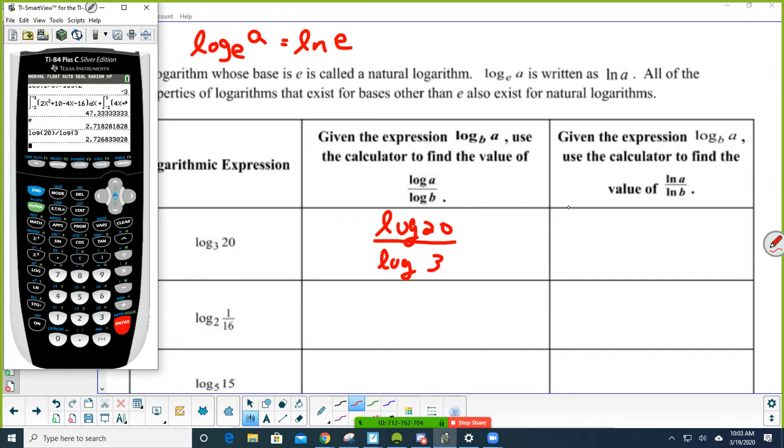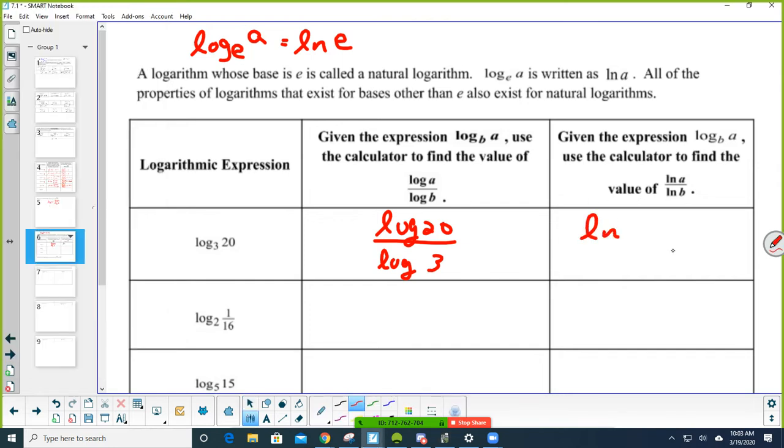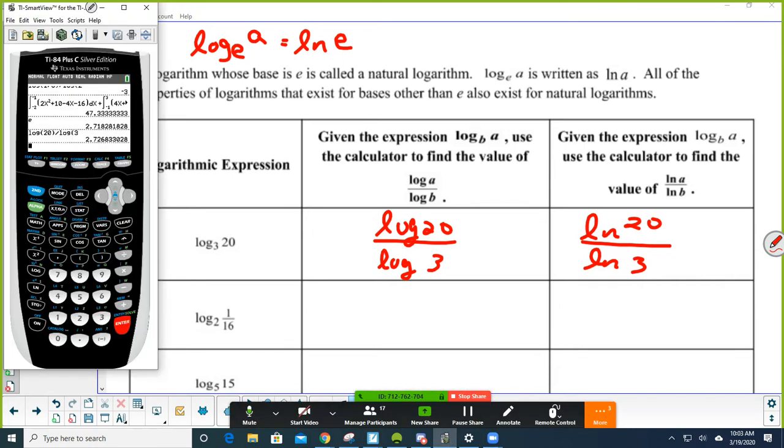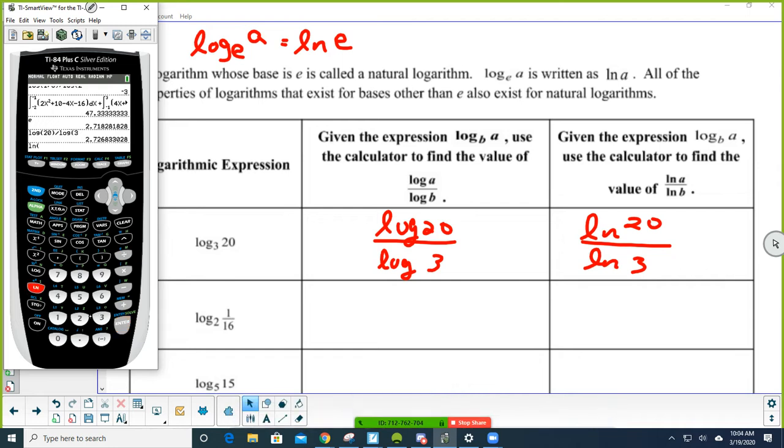If I come over here, this is also change of base, and I say ln of 20 over ln of 3, and I come to my calculator, I'm going to use the ln of 20 divided by the ln of 3.